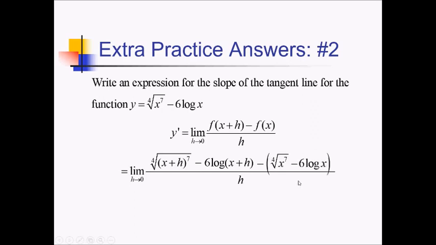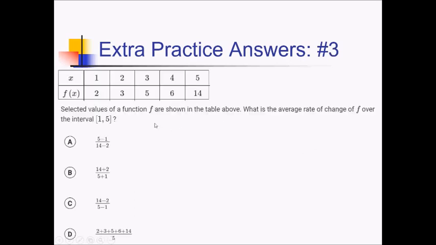On this problem, I'm given selected values of some function f in this table. We want an answer choice that gives us the average rate of change of f over the interval from 1 to 5. So this is basically just y2 minus y1 over x2 minus x1, essentially just slope.